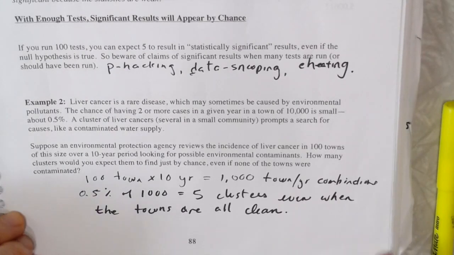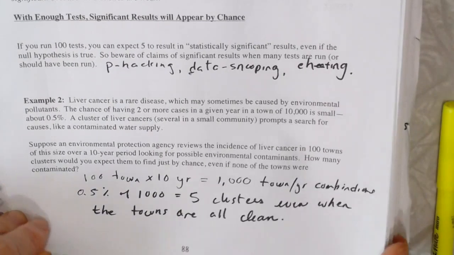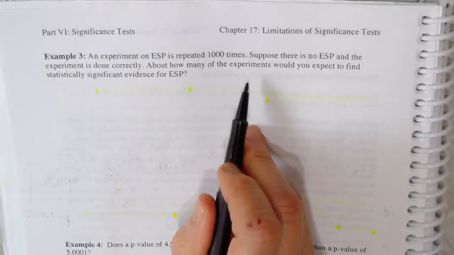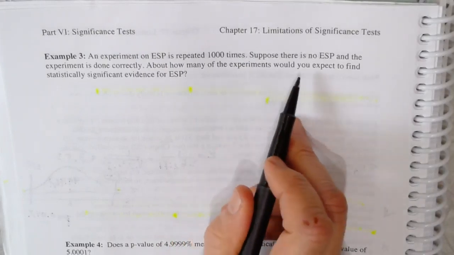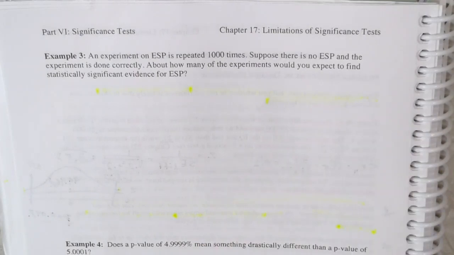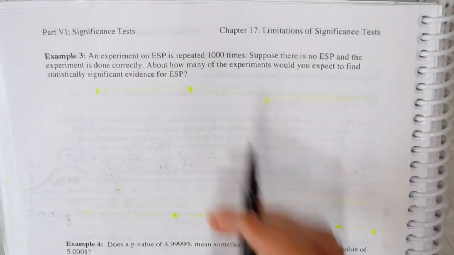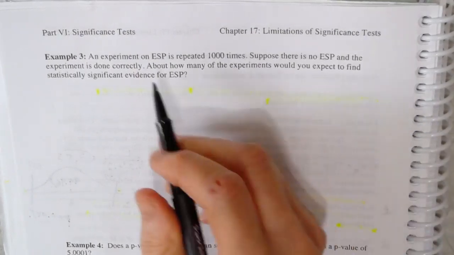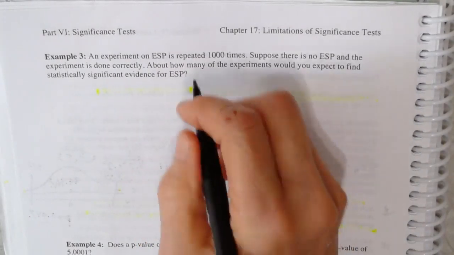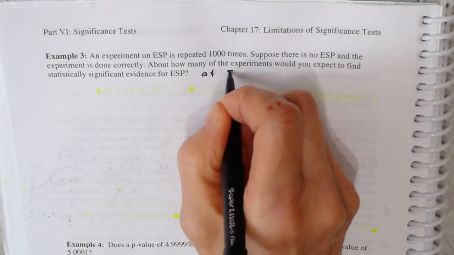Okay, so that's the idea. And here's another example, on the next page here. Suppose you did an experiment on ESP and it's repeated 1,000 times. Even if there's no ESP and the experiment's done correctly, how many experiments would you expect to find statistical significance evidence for ESP at the 5% level?